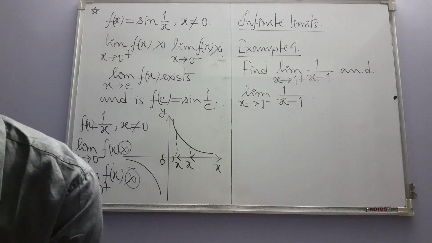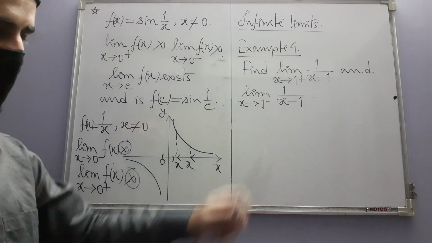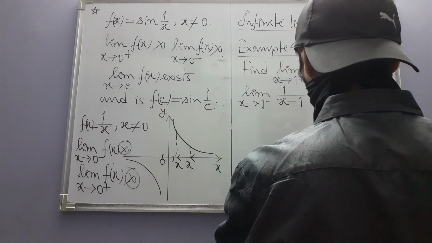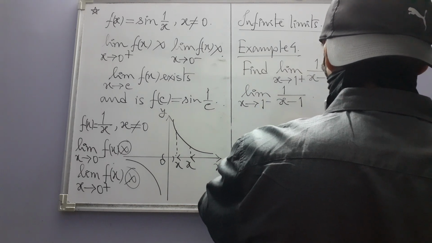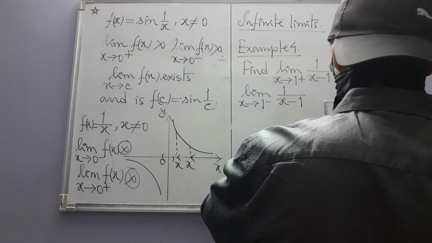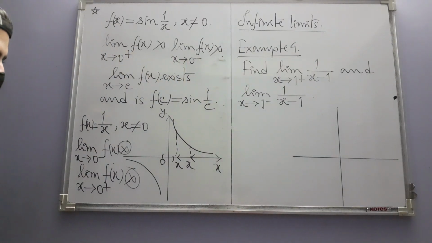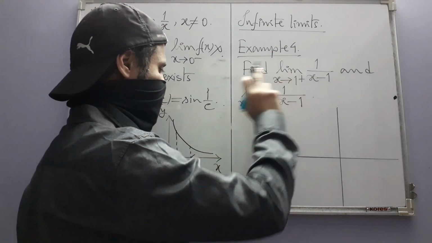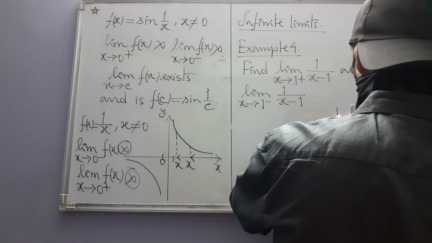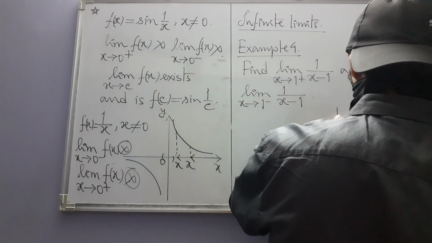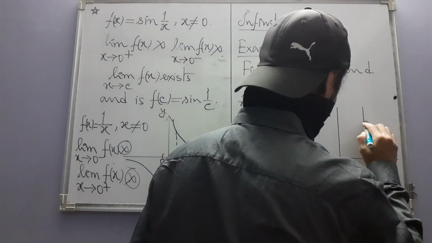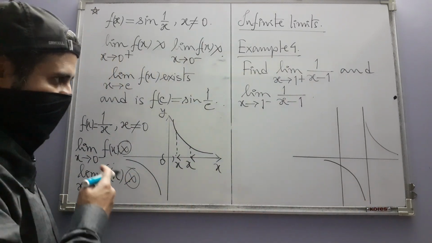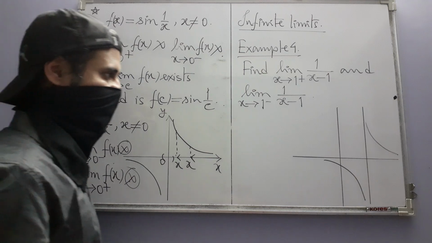You see, if you try to draw the graph of the function that is involved here, it will look like this. So here the point at which we are considering these one-sided limits is 1. And the graph looks like this. So it's just this graph shifted by 1 unit to that side.